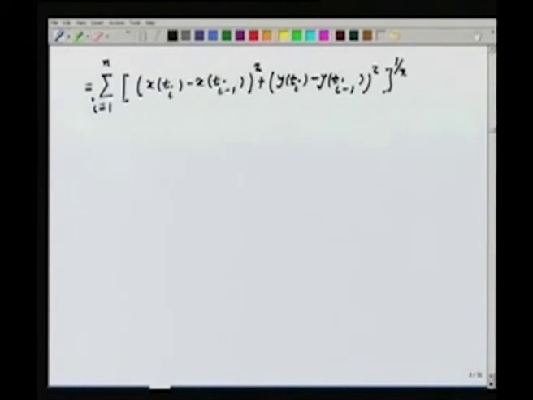This is the expression of the norm. Now at this point I am going to use the fact that x and y are differentiable and the derivatives are continuous, because now I need the second fundamental theorem of calculus.